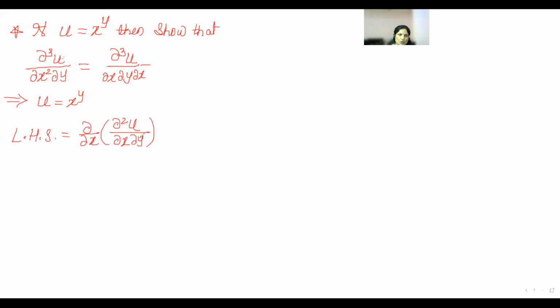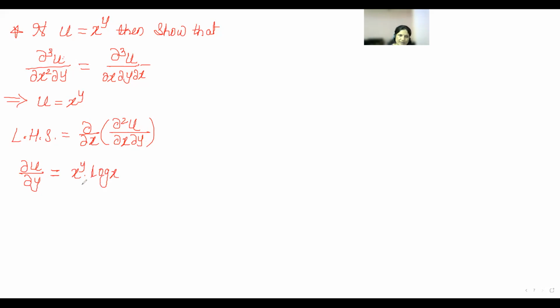First we need to find dou u by dou y. So dou u by dou y is equal to the derivative of x raised to y with respect to y, keeping x constant. So it is x raised to y into log x.